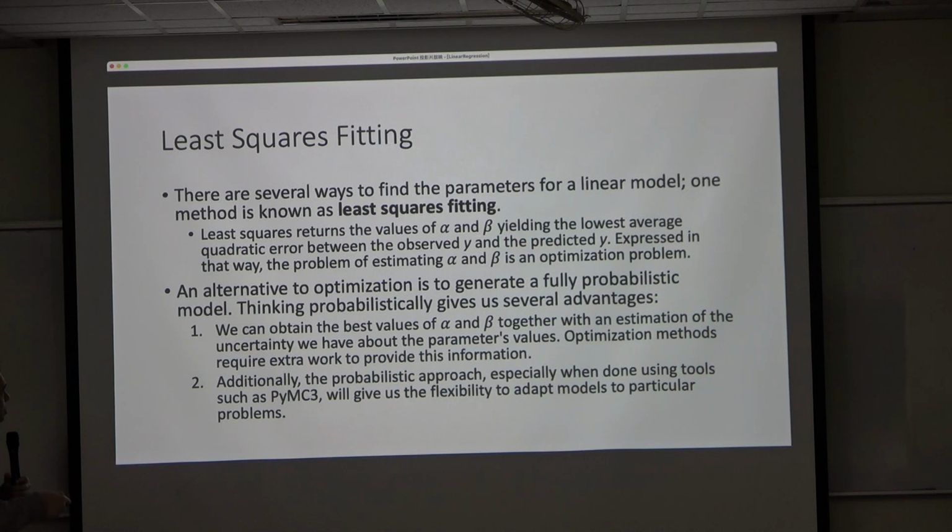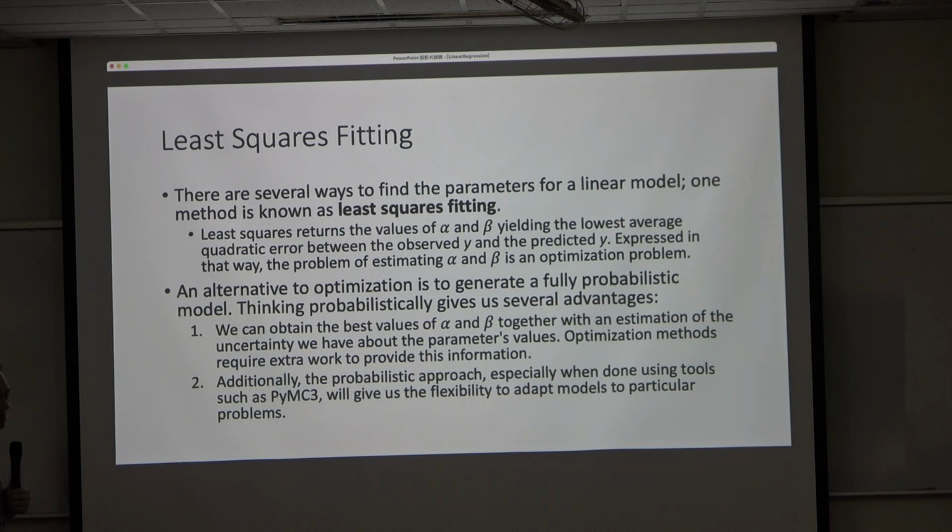If you formulate the problem like that, the problem of finding the alpha and the beta will be an optimization problem. This is also one of the examples I use in my deep learning class.